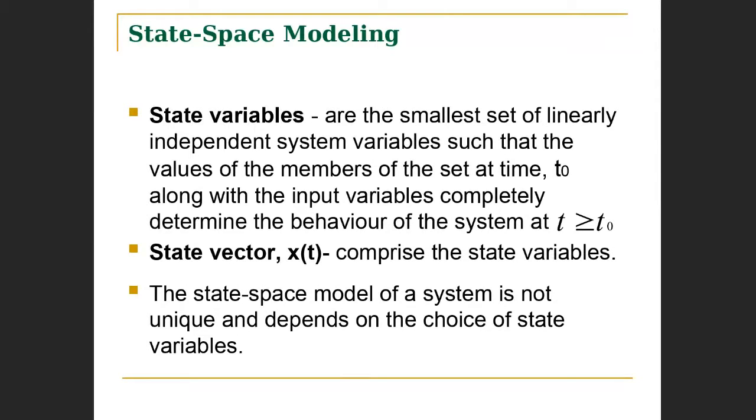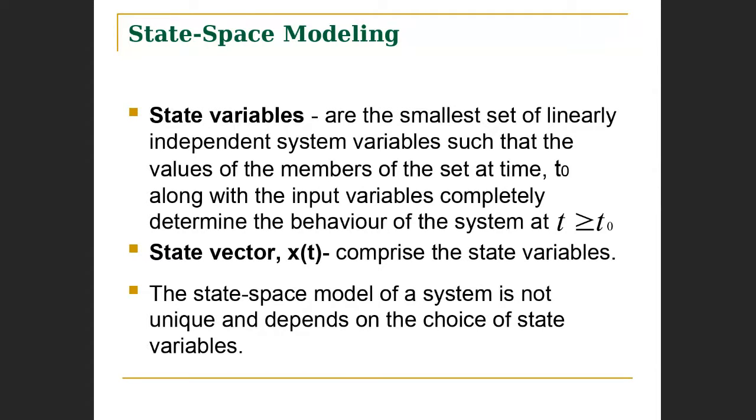State variables are the smallest set of linearly independent system variables, such that the values of these variables at time t0, along with the input variables, will completely determine the behavior of the system from t0 onwards. So you're able to describe the system behavior from t0 onwards.